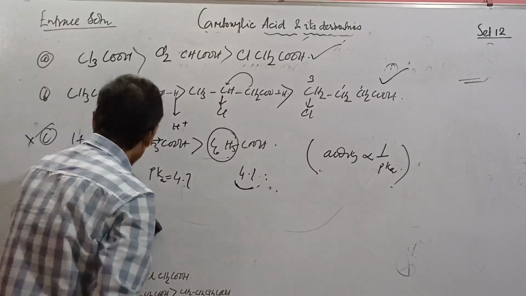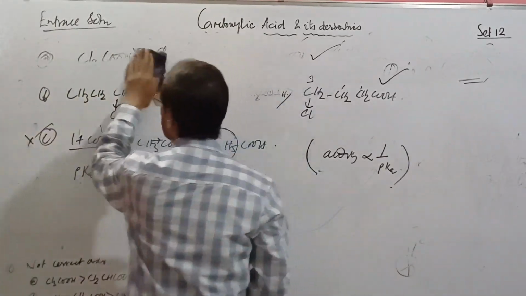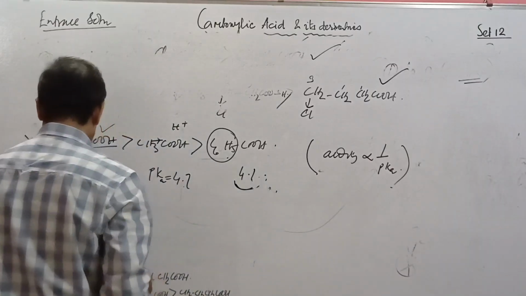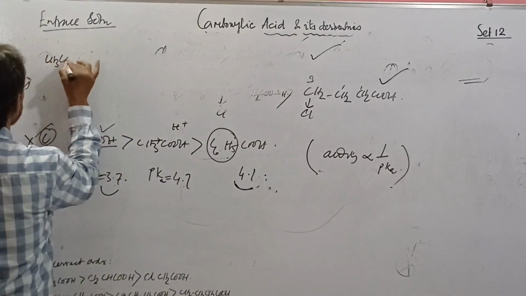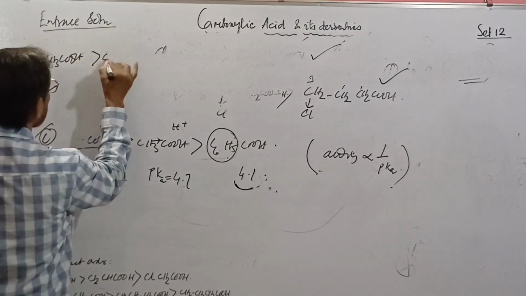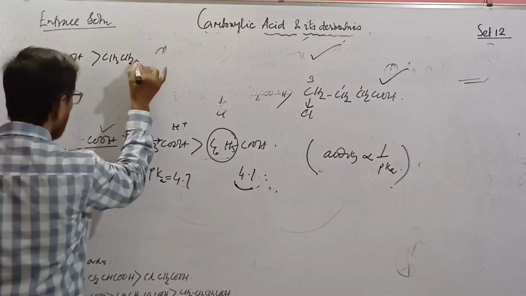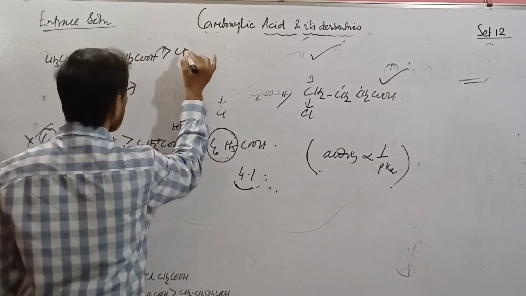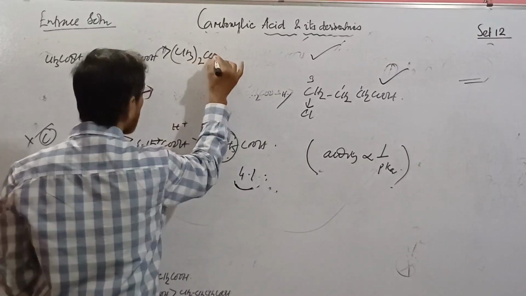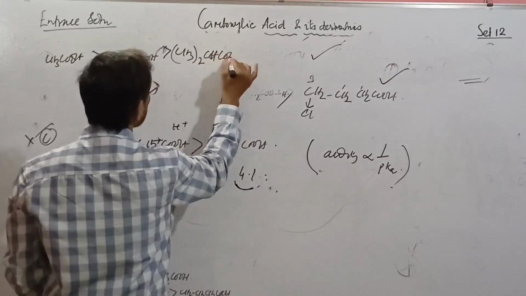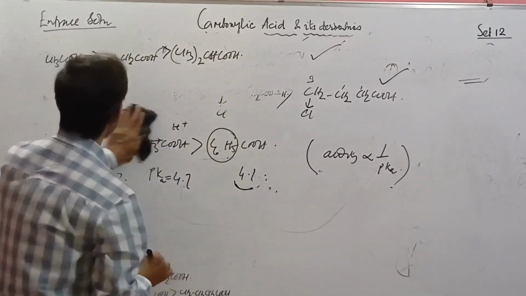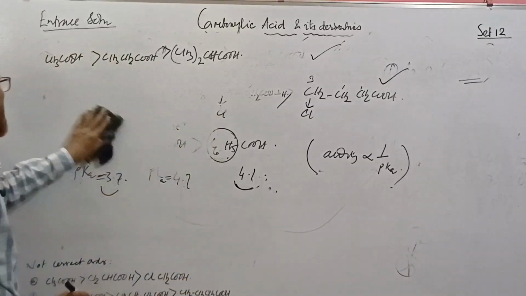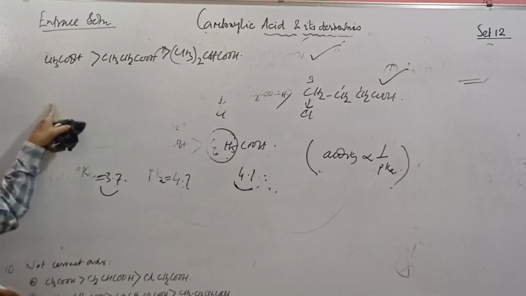But what is the fourth order? It is CH3COOH, CH3CH2COOH, (CH3)2CHCOOH. Whether this order is correct or not, the answer is that it is correct, because CH3 group is a plus I group.